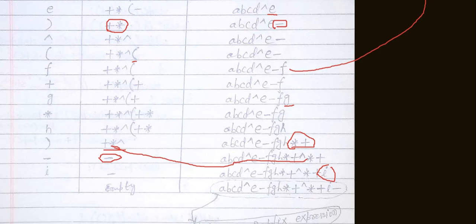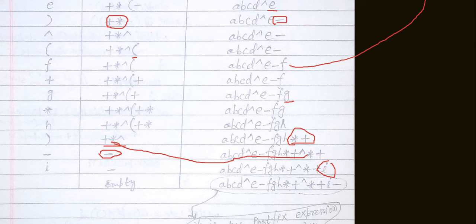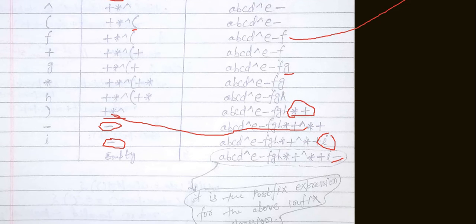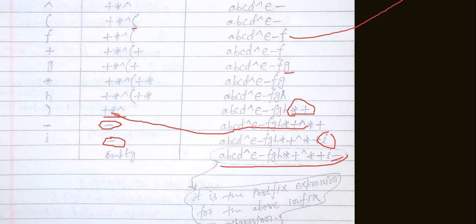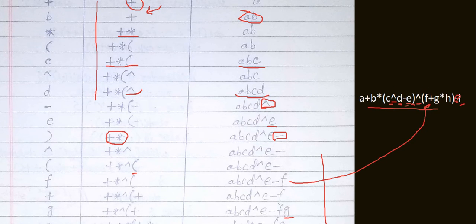Now at the next position, the stack has one operator, so just pop it out and concatenate it with the output expression. Now this is the final postfix expression of the given infix expression.